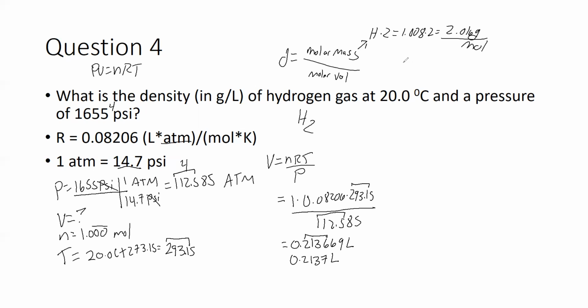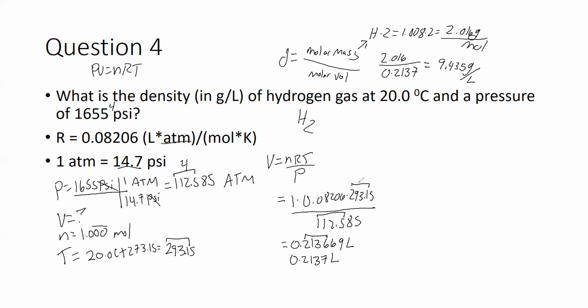So to find density, I do molar mass, 2.016, divided by molar volume, 0.2137. And that gives me 9.435 grams per liter.